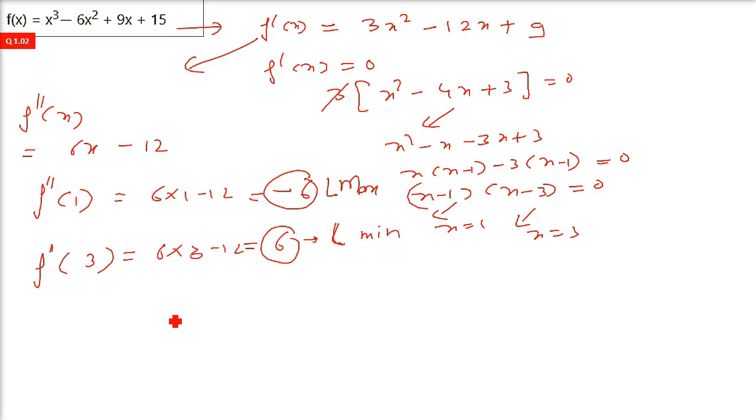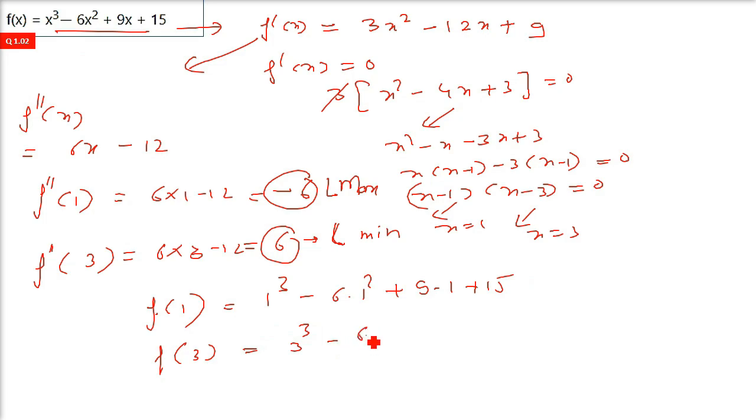Now no graph making and no number line. Just place this 1 and 3 in the original equation in order to get the value of the function at these critical points. I am placing 1 first in the original equation, which is this. Now I am placing 3 in the original equation, which is this one. And these values are the actual function values.